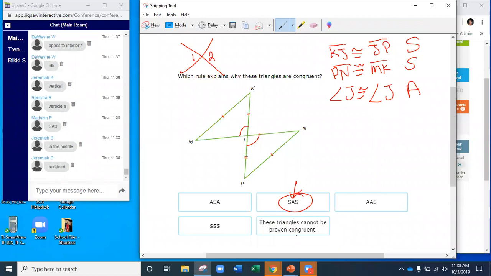It's called the included angle. And it means it has to be the one that is in between the two congruent parts. Okay. So this one's not our included angle.